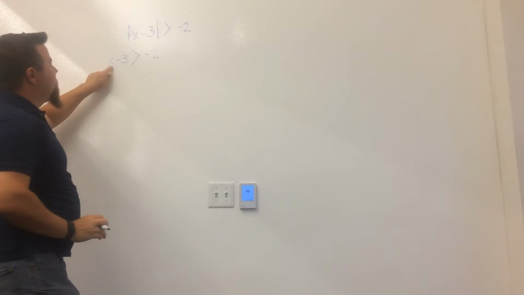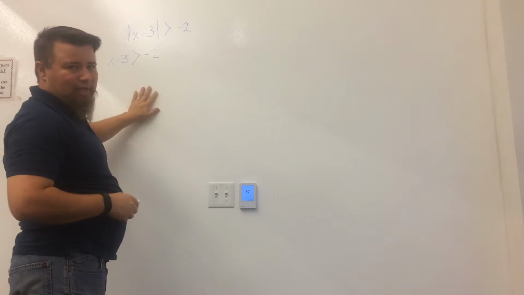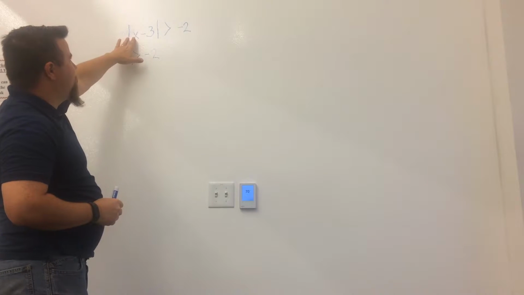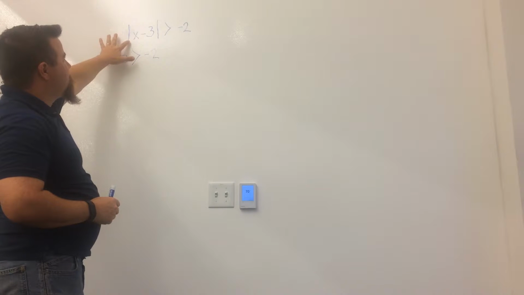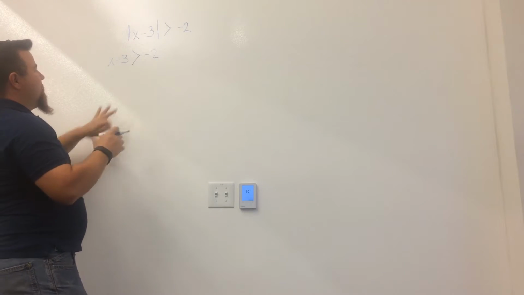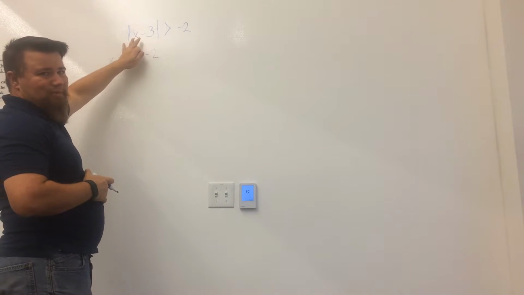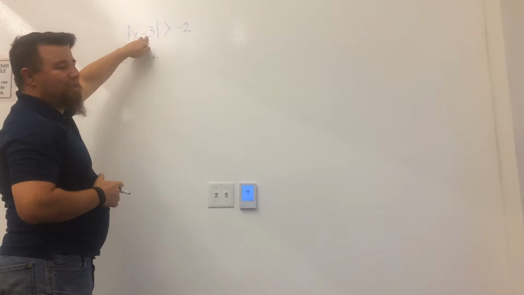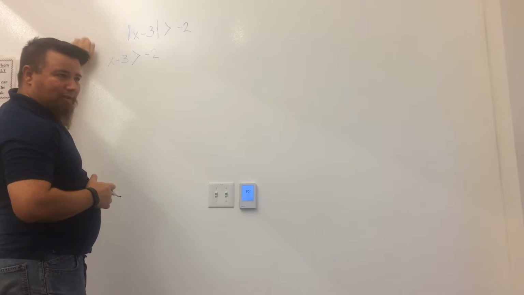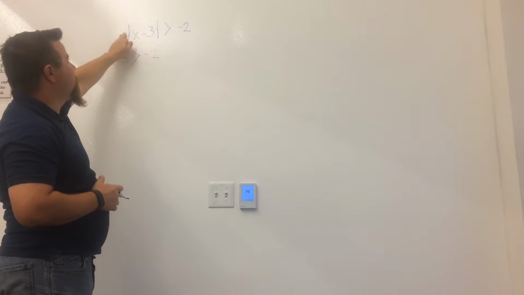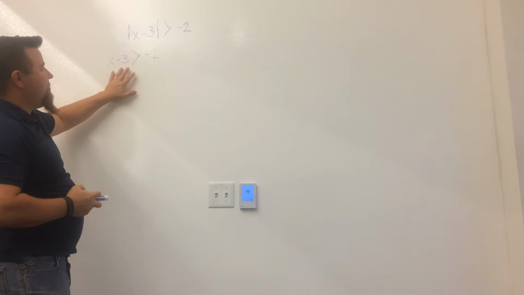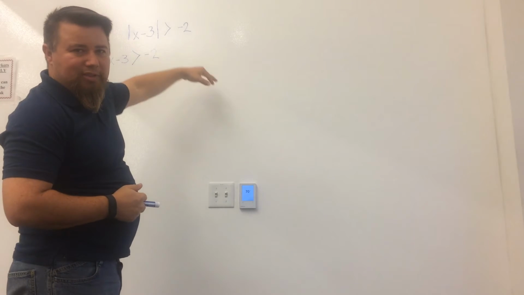But since the inside of the absolute value can also be negative, then you have to put the opposite on the other side. So because this can be two answers, like all the time, if it comes out to be negative 1 or positive 1, it's going to be a positive 1 after it goes through the absolute value process, right? So you're going to have the other side of it.